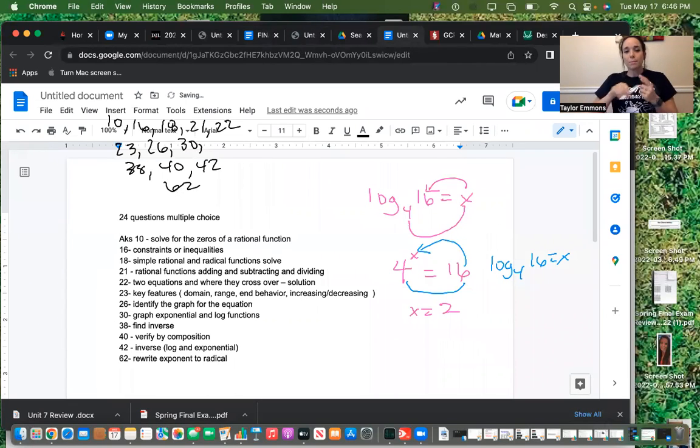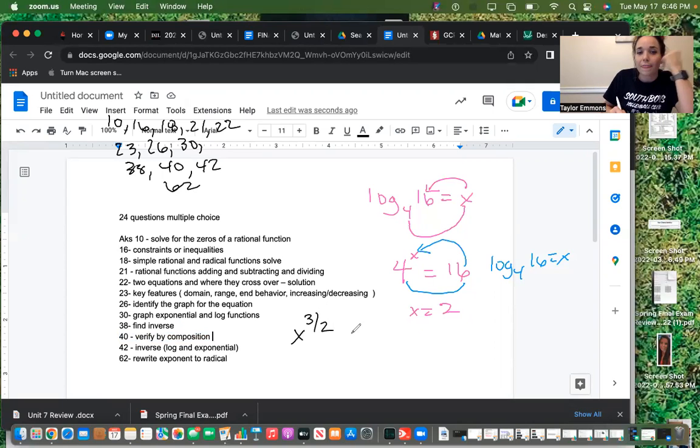So this would be something like understanding that if I had x to the 3/2, that's the same thing as saying the square root of x to the 3rd power. Okay, and being able to go back and forth.